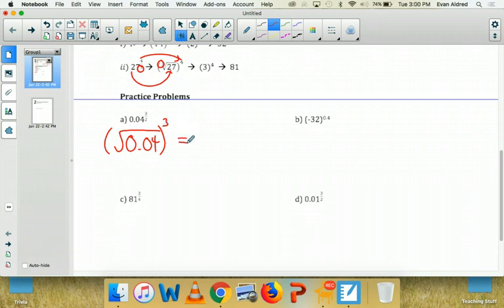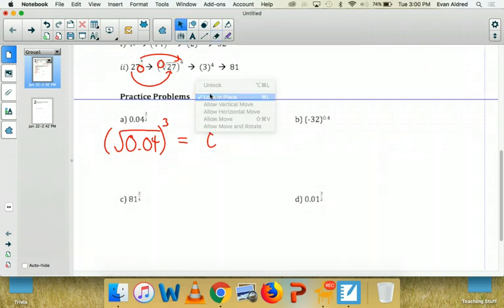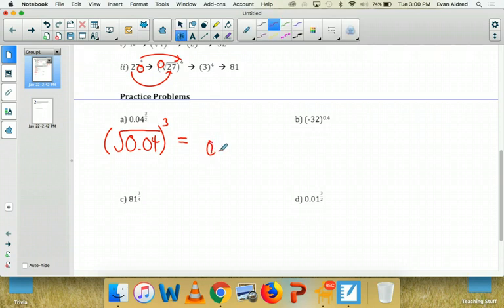Well, the square root of 0.04, you may not know that, but we know the square root of 4, if we move the decimal 2 places to the right, that's 2. So then we move our decimal back 1 place to the left. So the square root of 0.04 is 0.2. And we're going to cube that.